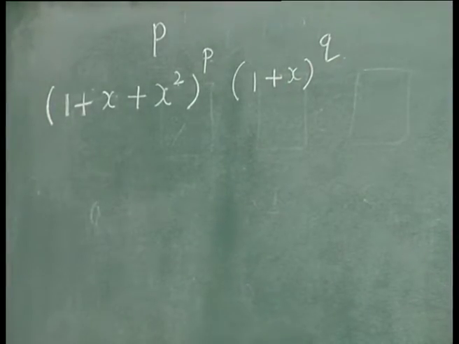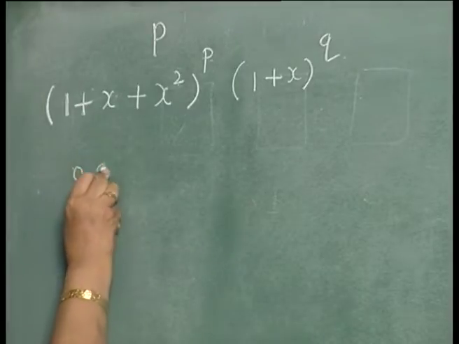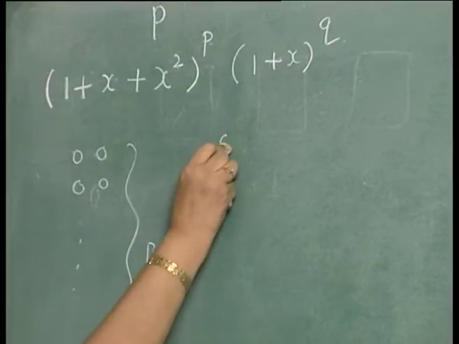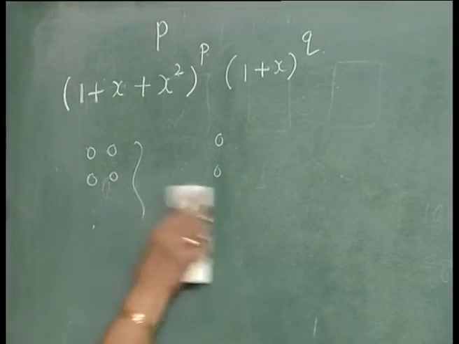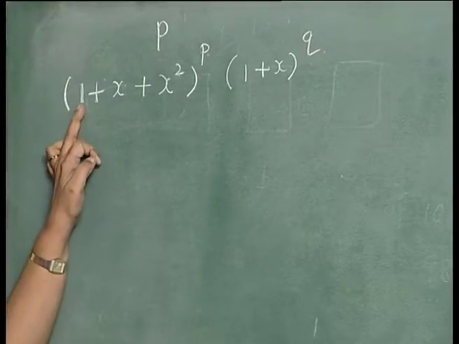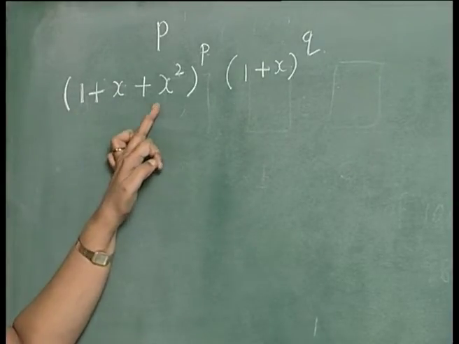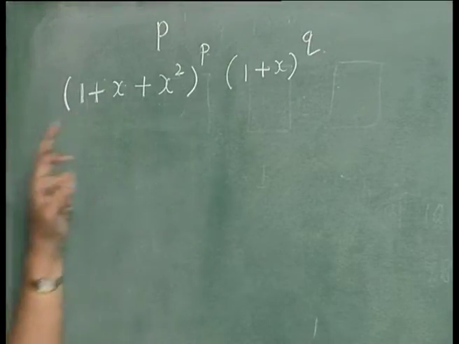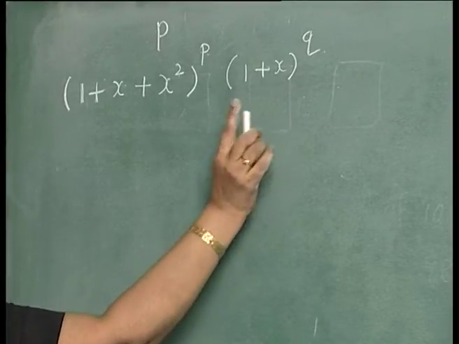So, this is the enumerator for the expression. First object you are having 2 of them, second object you are having 2 of them, like that p of them, then q of them you are having only 1. So, the first object you can select once, you need not select, or you can select only one of them, or you can select 2 of them, like that for all the p objects. So, the enumerator for that is this ordinary enumerator. Then the remaining q objects you are having only one of them.